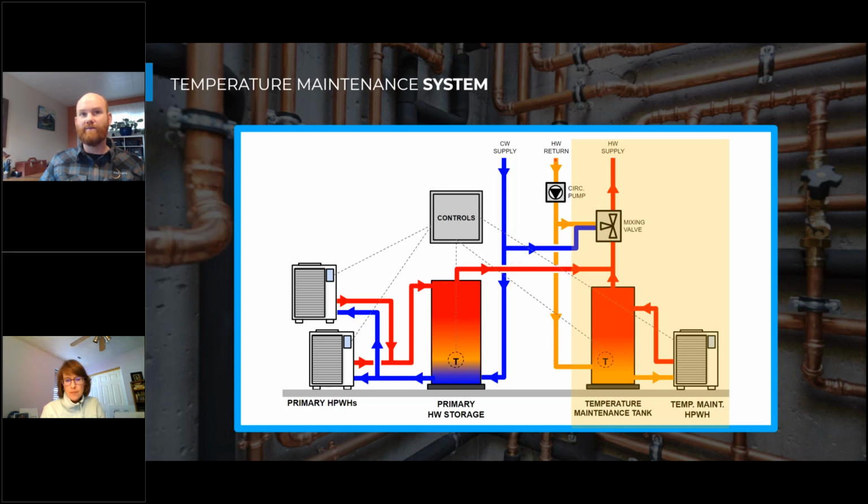And so in that case, when no one's drawing hot water, return water is pushing through the bottom of this temperature maintenance tank and pushing that hot water out and into the distribution system. A portion of that water is mixing with the portion that's being reheated so that we're always sending out 120-degree water. So I hope that clarifies Emma's question.